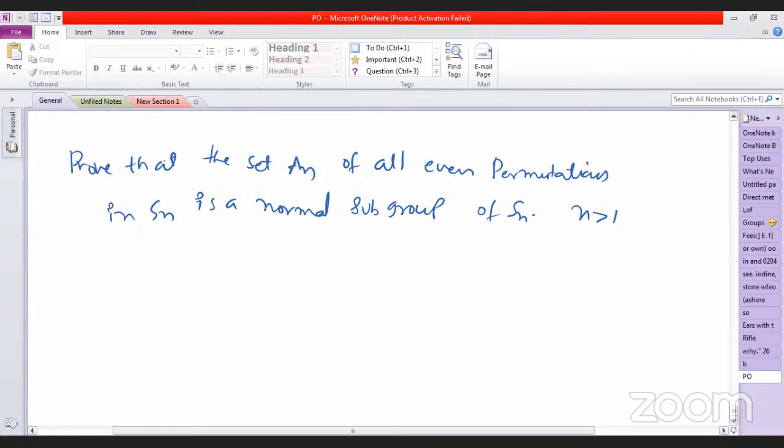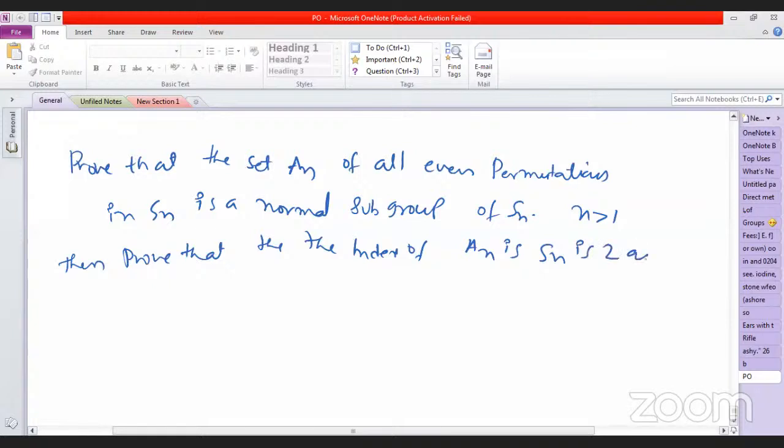Then prove that the index of An in Sn is 2, and hence the order of An is one half of n factorial. We have to prove here that the set of all even permutations is a normal subgroup of Sn.